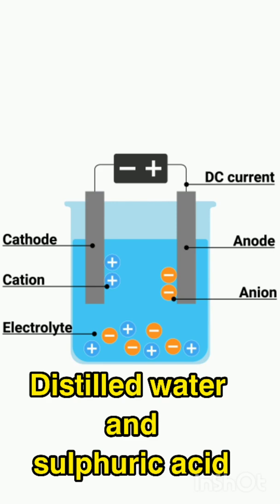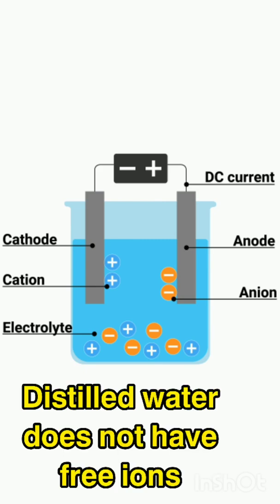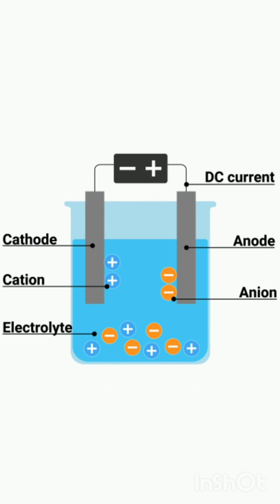We do not use distilled water alone because it does not conduct electricity due to the absence of free ions. So when we add sulfuric acid, what happens? It helps in dissociating the hydrogen and the oxygen ions from water. Hence, acidified water is used as the electrolyte.